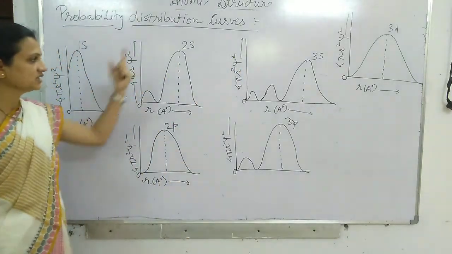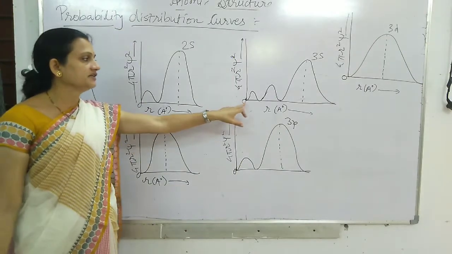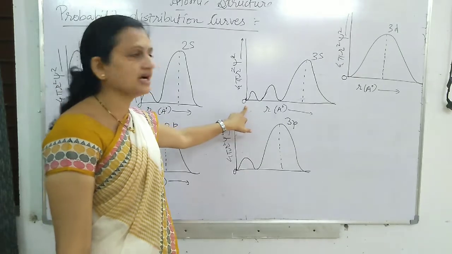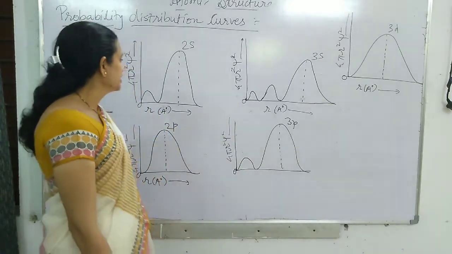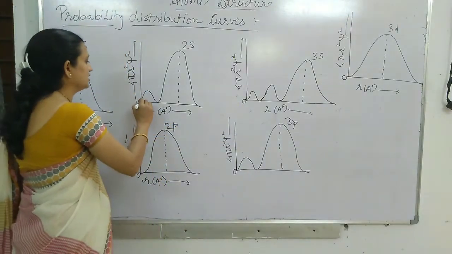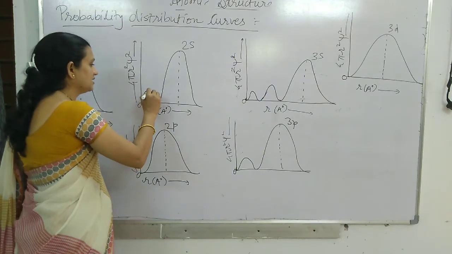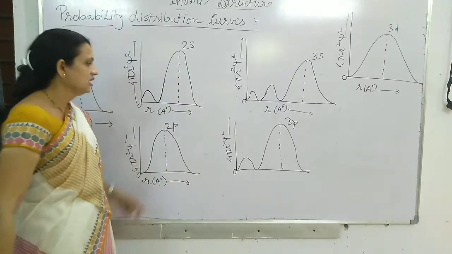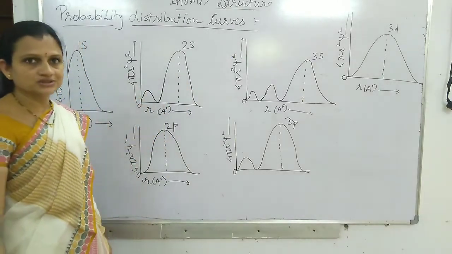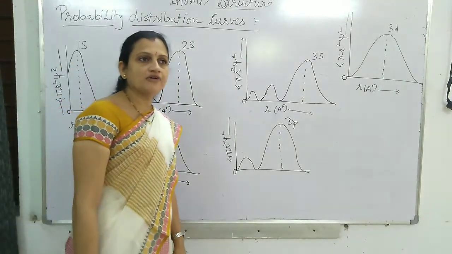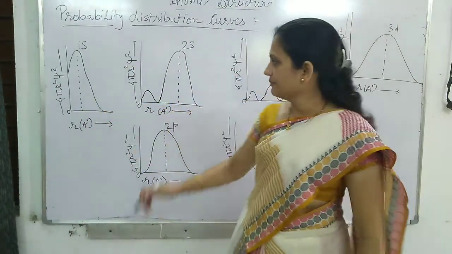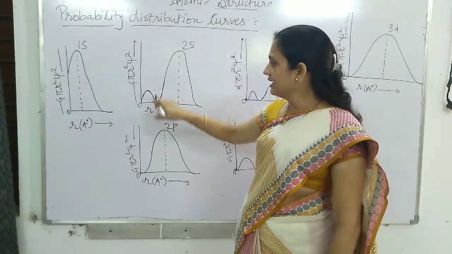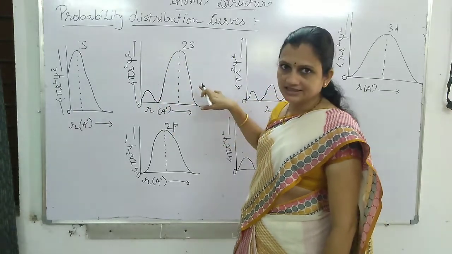Here the curve increases, then decreases, again increases, and again decreases. Increasing shows that the probability of finding an electron is maximum. So the probability of finding an electron increases, decreases, and increases again.